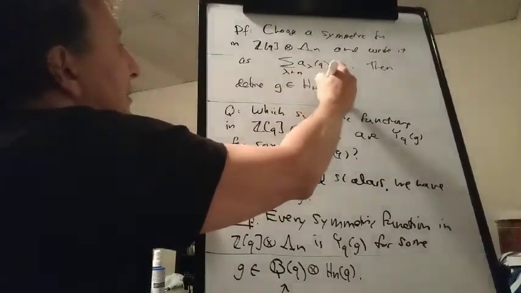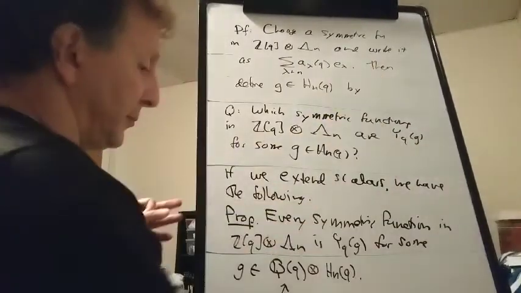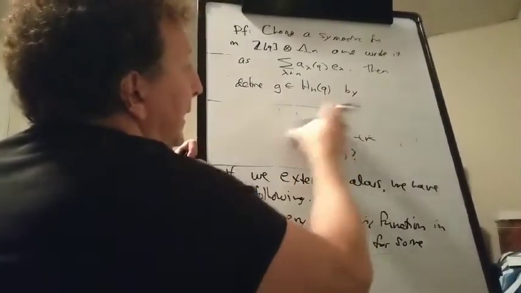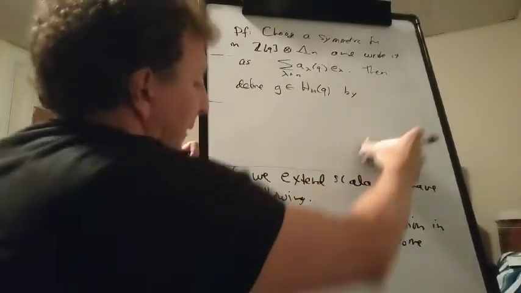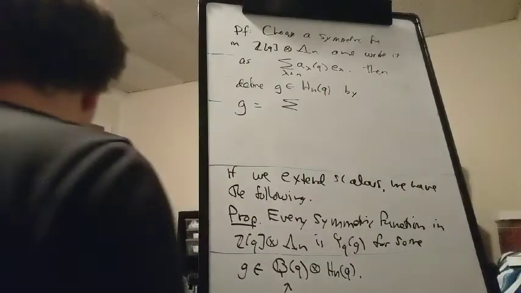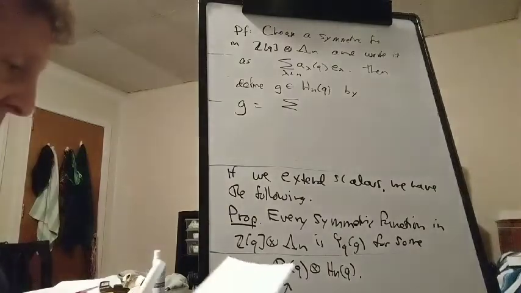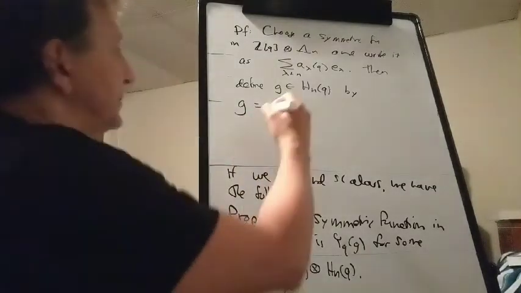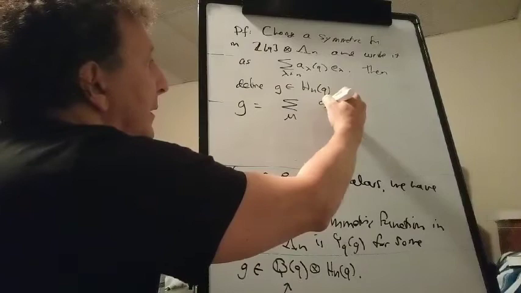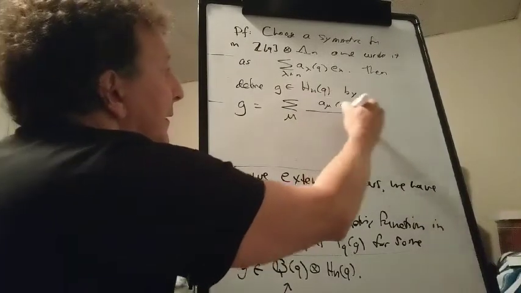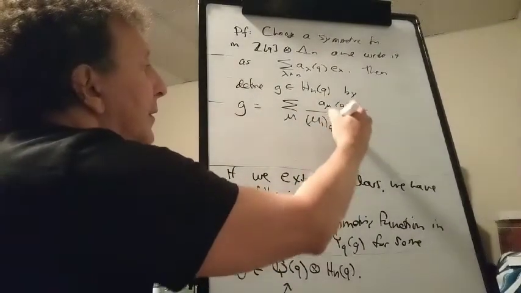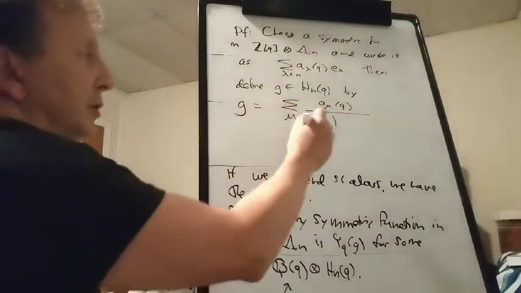And let's define a Hecke algebra element G by letting G be a sum over partitions mu of a_mu of q over the product of the parts of mu, q factorial.